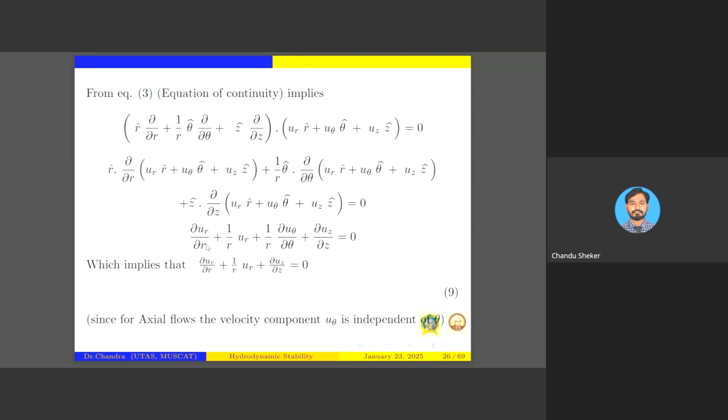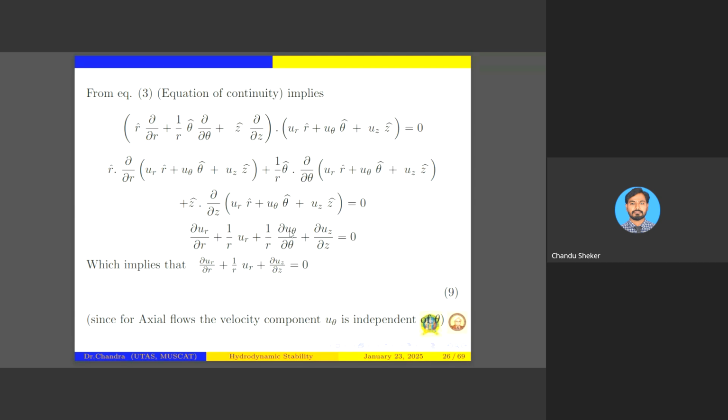Now dou u r by dou r plus 1 by r u r, and this term we'll get. Since we observe that there is an axisymmetric disturbance, we are saying that the flows are axisymmetric. Axisymmetric means the velocity and the pressure do not depend upon the angular coordinate theta.